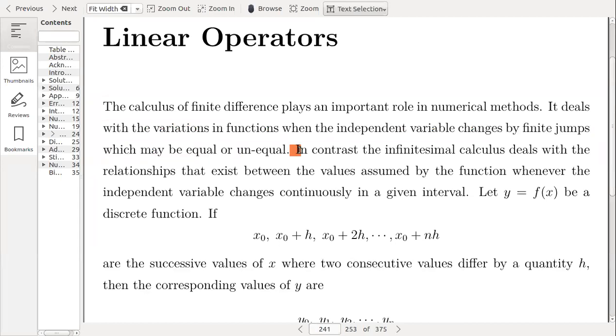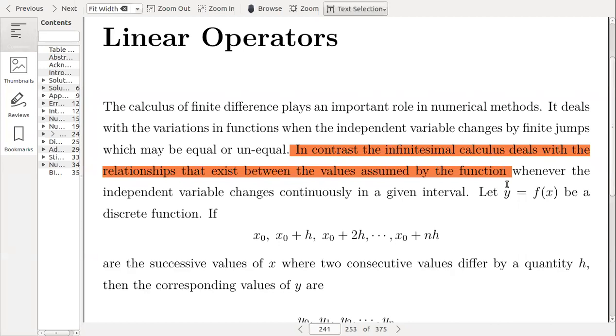In contrast, the infinitesimal calculus deals with the relationships that exist between the values assumed by the function whenever the independent variable changes continuously in a given interval.